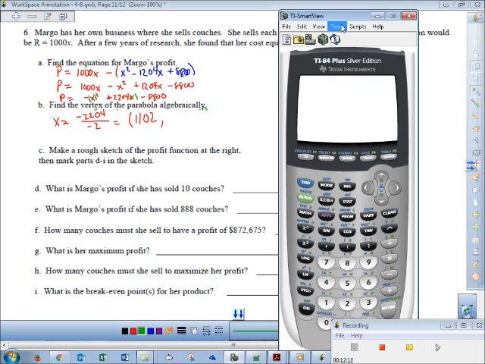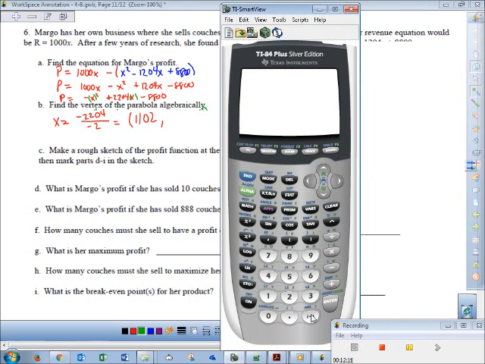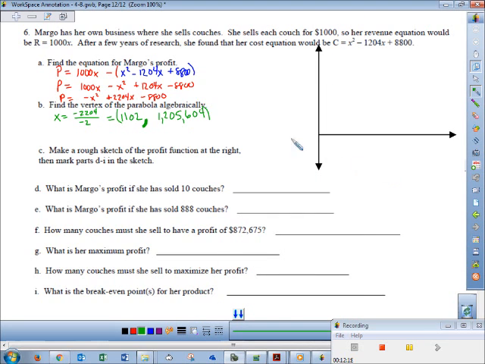It's negative parenthesis 1102, close that up, squared, etc., plus 2204 times 1102 minus 8800. And yowza, that's some big profit right here. That's over $1 million for the maximum profit. So write a nice little ordered pair.